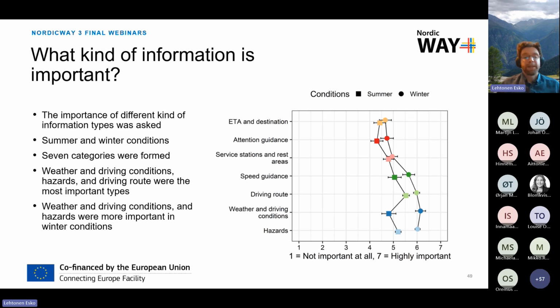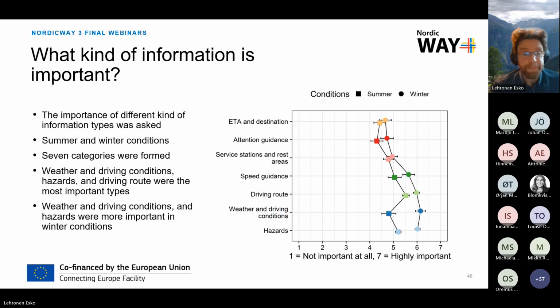So here are some highlights of the study. One of the key questions was what kind of information is important for the professional drivers. So we asked them to rate the importance of different kinds of information types. Basically, they were formed based on the C-ITS Day 1 and Day 1.5 descriptions. There were many of them.